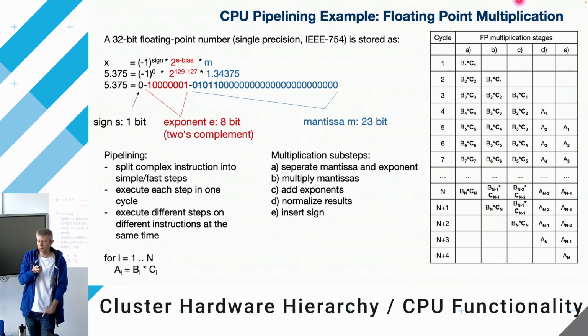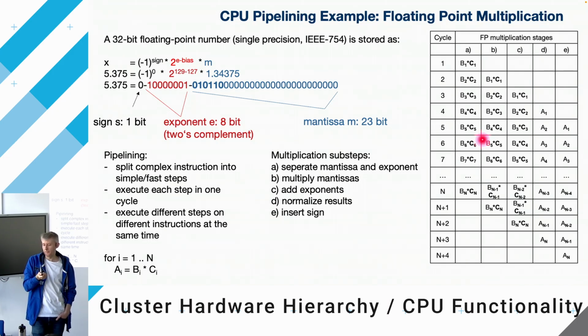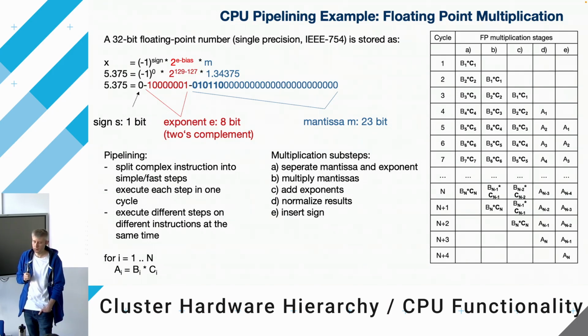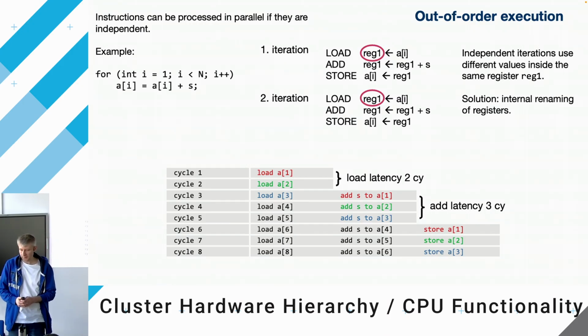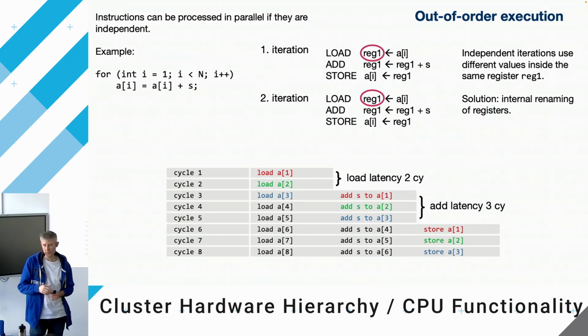And then the next value can already go into the first stage, while the first multiplication is already in the second stage. Therefore, we have a sub-pipeline for this floating point multiplication that increases the performance of our execution. So this is also a part of modern CPU architectures.